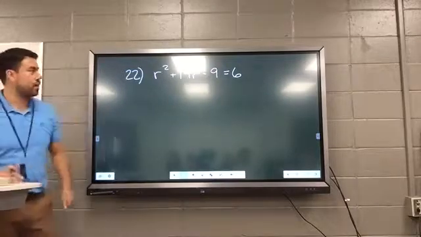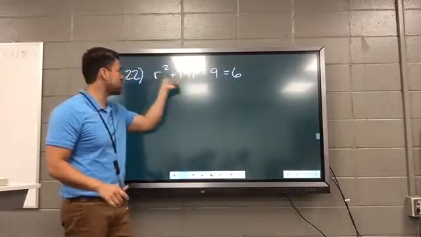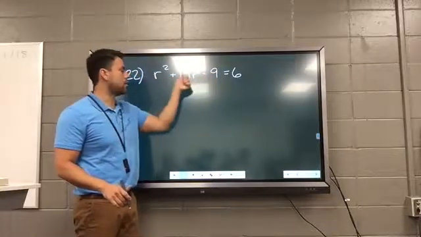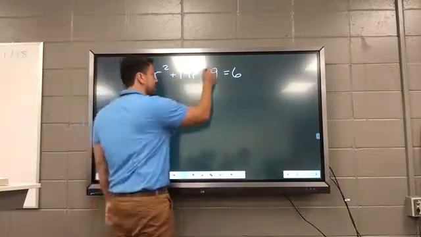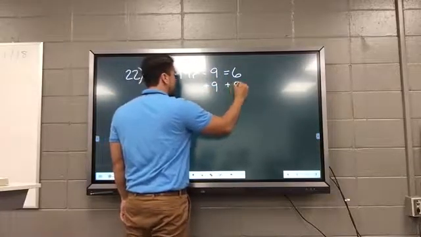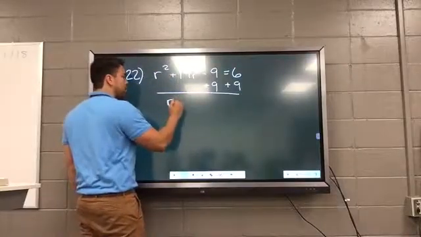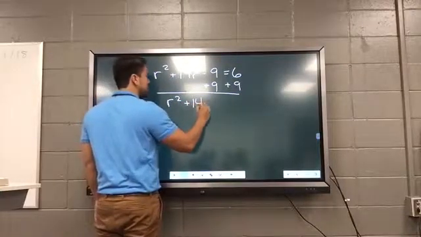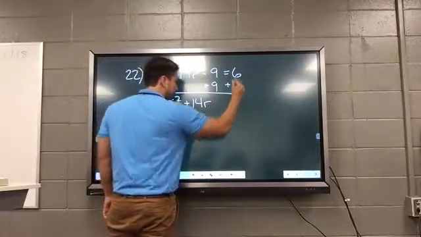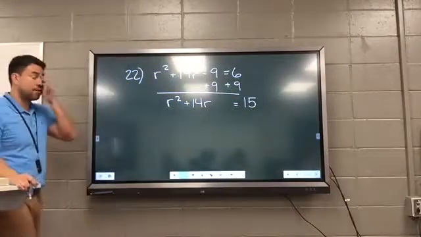Just go for it. Okay, so I have my trinomial, but is it a perfect square trinomial? No. So I can make it by doing what with that constant? Just getting it out of there, adding or subtracting whatever you need to do to undo that problem. r squared plus 14r blank equals 15. Okay, that was my first step.